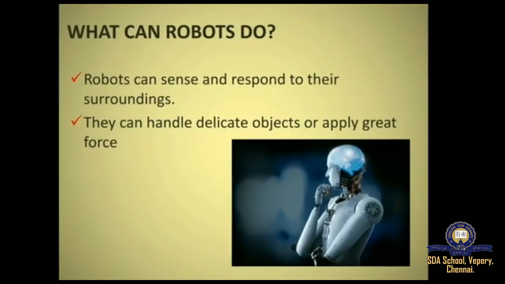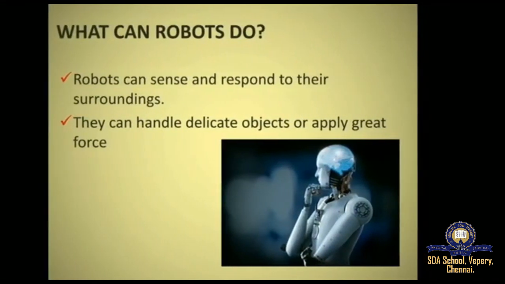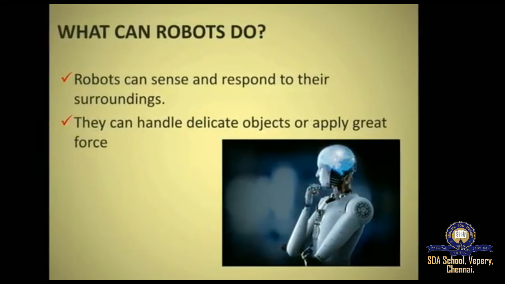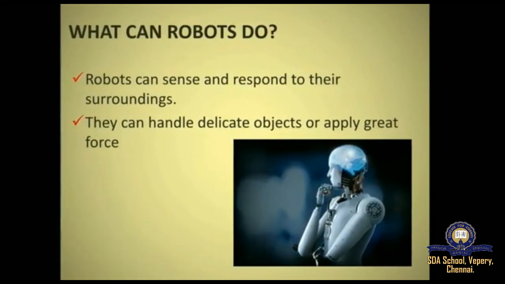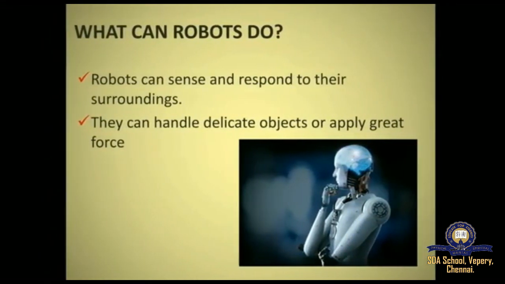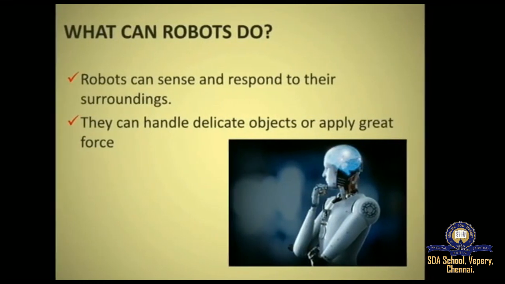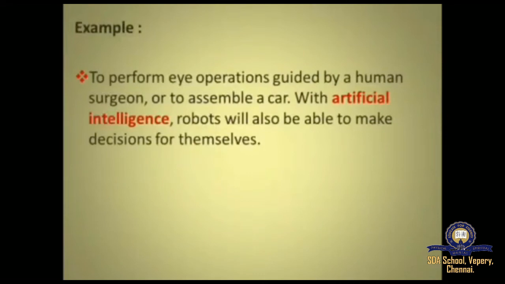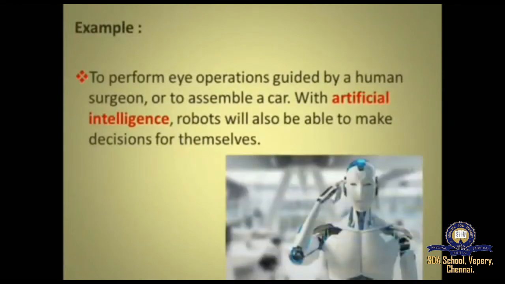So what can robots do? Robots can sense and respond to their surroundings. They can handle delicate objects or apply brake force. For example, to perform eye operations guided by a human surgeon, a robot is used, or even to assemble our car.